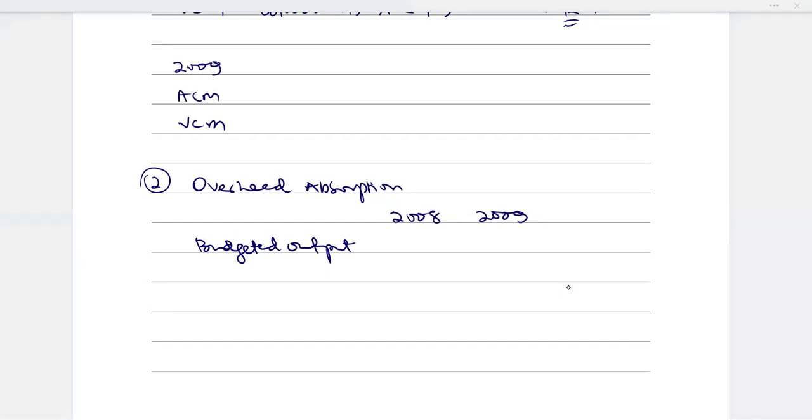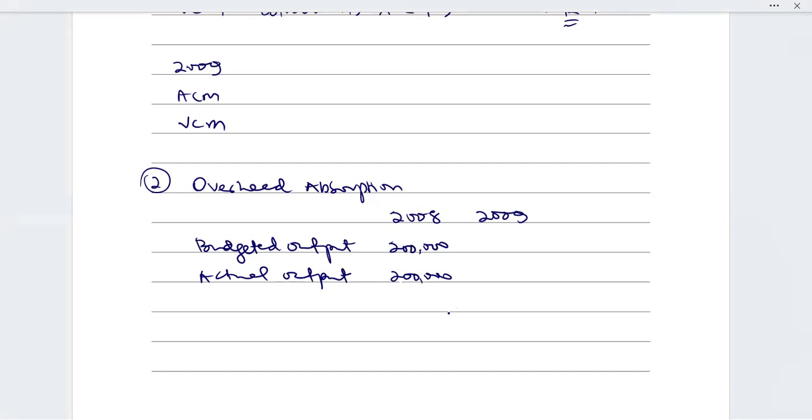What is the normal operating capacity? According to the question, at normal operating capacity, 200,000 units of products should be manufactured. That is the budgeted output, 200,000 in 2008. Then actual output or production in 2008, how many units were produced? 200,000.